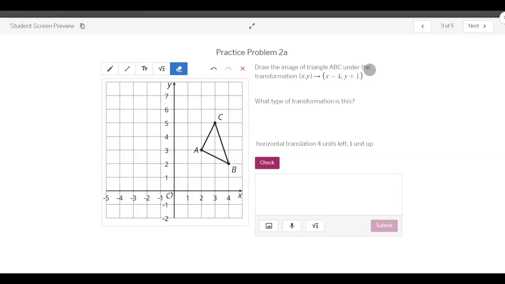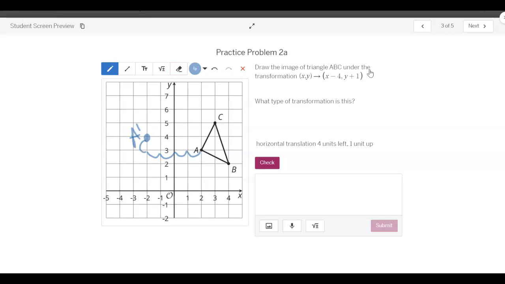So we're going to see where our new points are going to be. We're going to start with x minus 4. So if we move our A over 1, 2, 3, 4 places to the left, then y plus 1 means I have to go up. So I'm going over 4, 1, 2, 3, 4, and then up 1. So this is where my A prime will be.